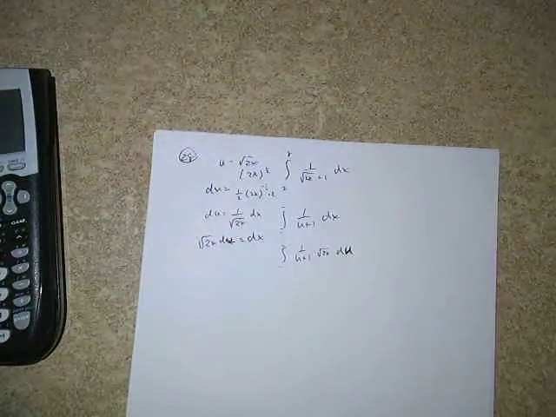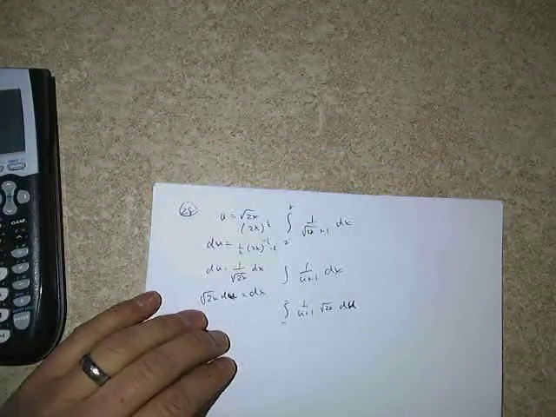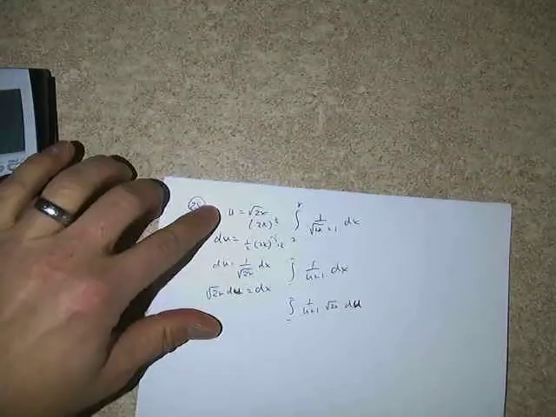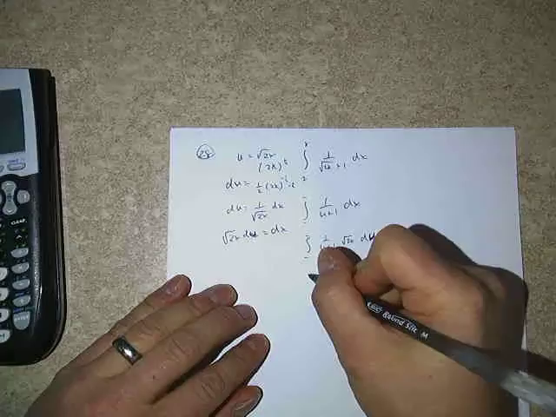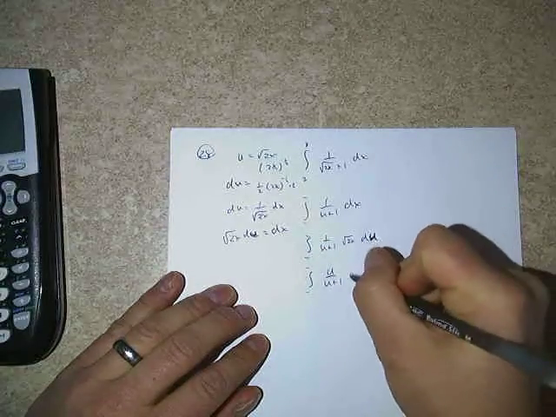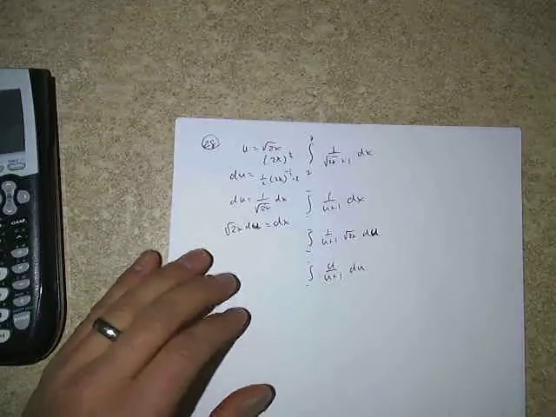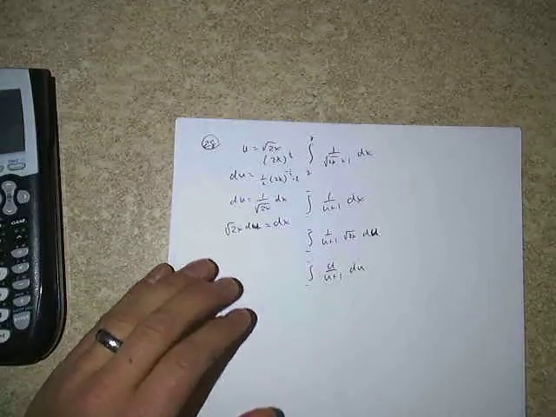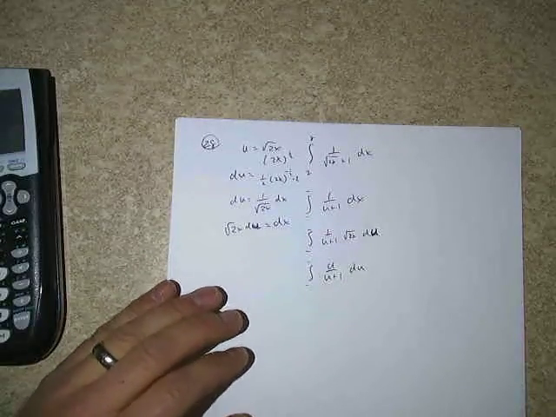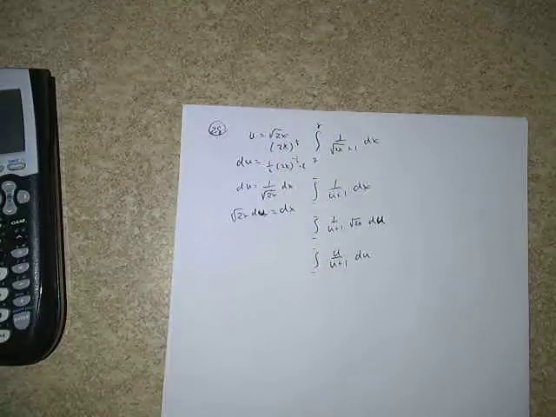So again, the issue is we still have that radical 2x in there, but what does radical 2x equal? Doesn't it equal u? So if we go u over u plus 1 du, we can get the x's out of there, can't we?